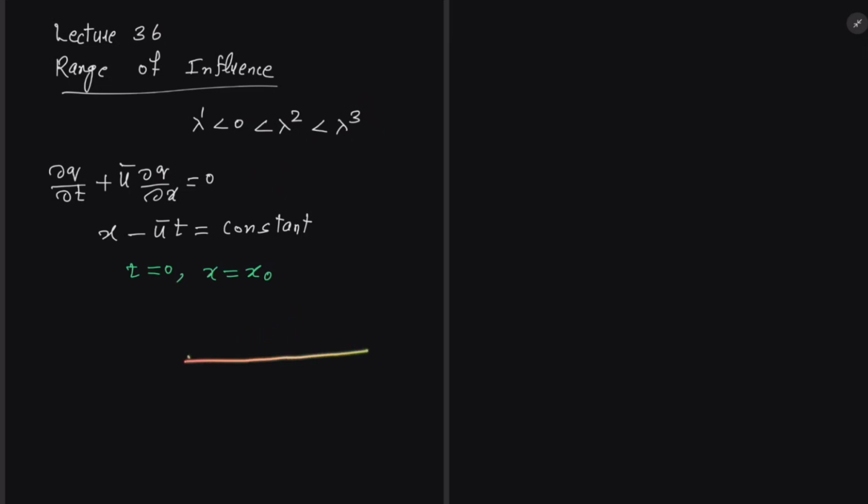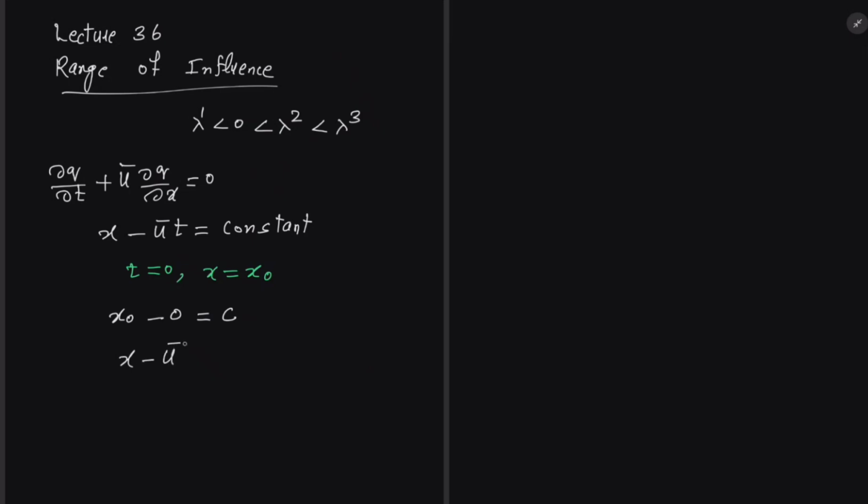We have this x, we have this t. When t is 0, we are on the x-axis. On the x-axis at a particular location, we have x naught. So it means that the above equation becomes x naught minus 0, which is a constant. C is equal to x naught.